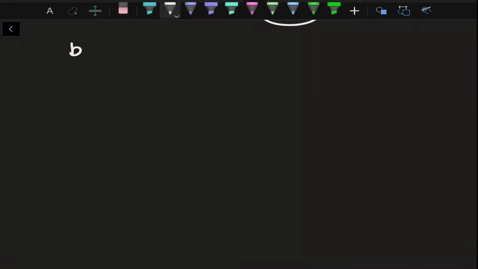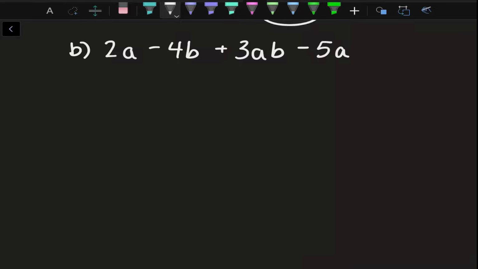Okay, B. Variables. 2a minus 4b plus 3ab minus 5a plus 2b when a is equal to 3 and b is equal to 5. I'll pause here.